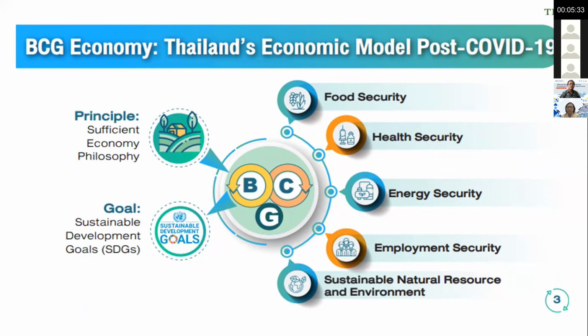The major areas cover food security, health security, energy security, employment security, and, an important thing, sustainable natural resources and environment.